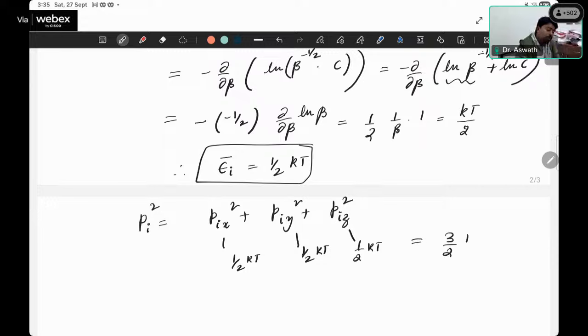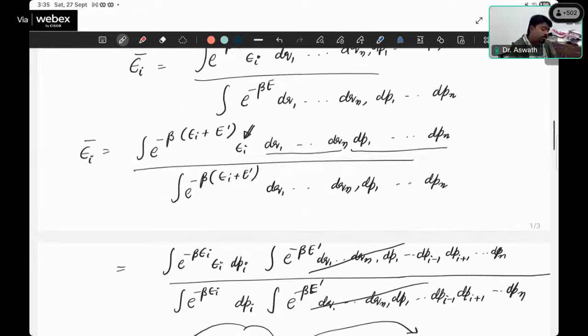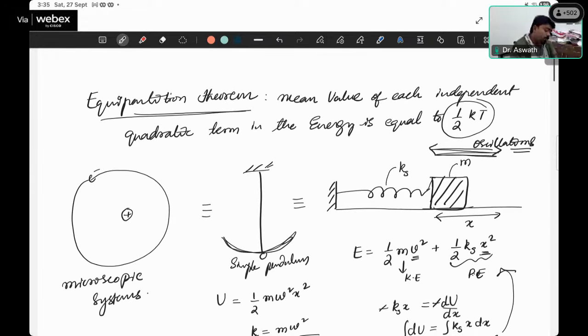Overall, I'll have 3 by 2 kT contribution coming from these quadratic terms. Now, we are talking about a quantum microscopic system in terms of a classical system, so we need to bring them together and assess the situation.